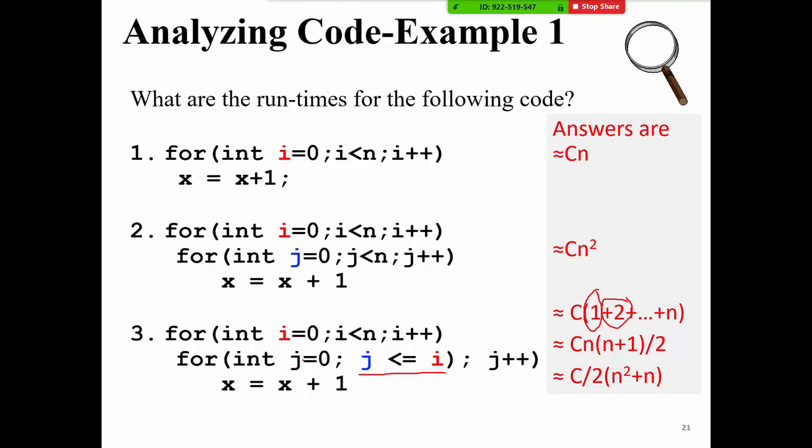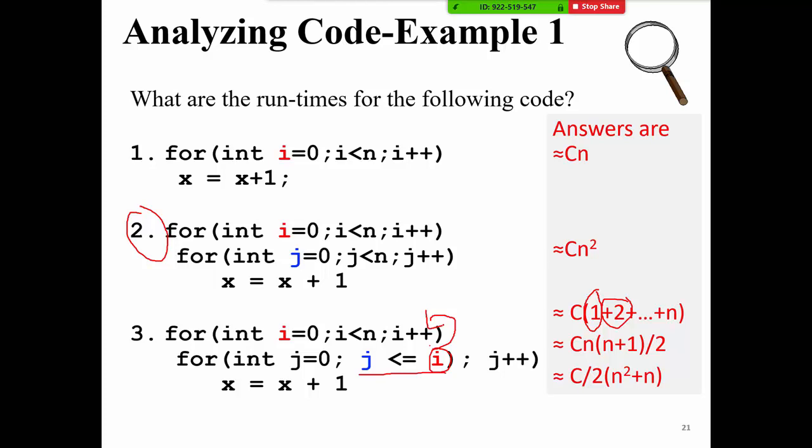So the inner loop is different from example 2. There, the inner loop always executes up to n, but here the inner loop is controlled by i, where i is actually the index of the outer loop. That's why the inner loop will be executed a number of times determined by the outer loop value. It is not running free from the outer loop.